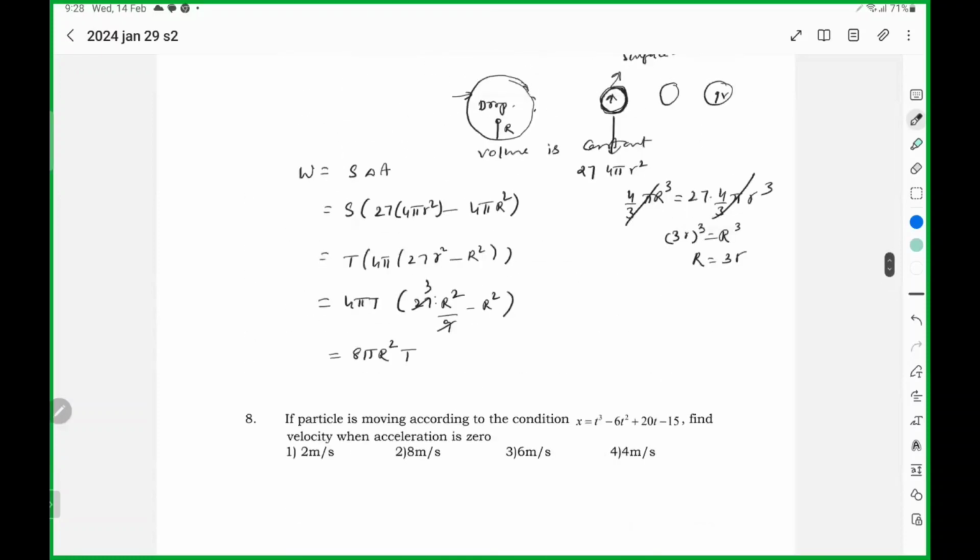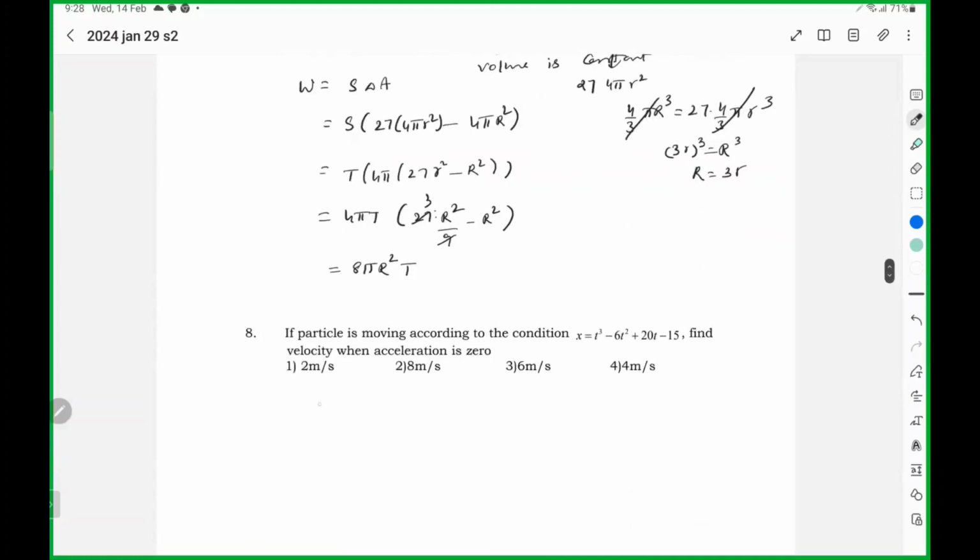This is an obvious question. Find velocity when acceleration is 0. So velocity is dx by dt, that is 3t square minus 12t plus 20. Acceleration is dv by dt, which is 6t minus 12.